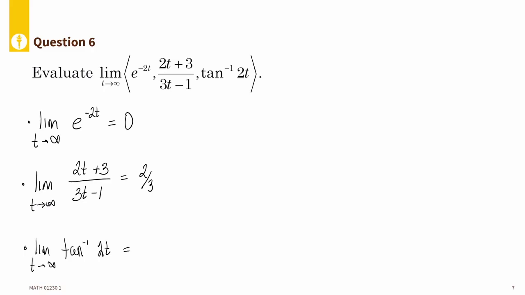So what does 2t do as t goes to infinity? It's going to infinity. So what we're saying is limit as u approaches infinity of inverse tangent of u. It's pi over 2. Tangent approaches infinity as x approaches pi over 2.